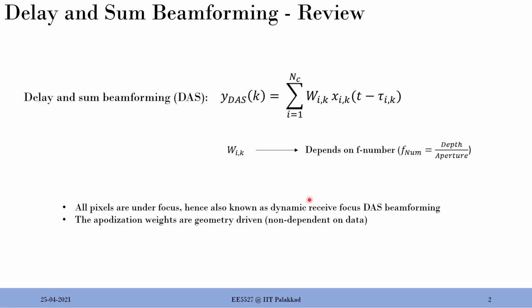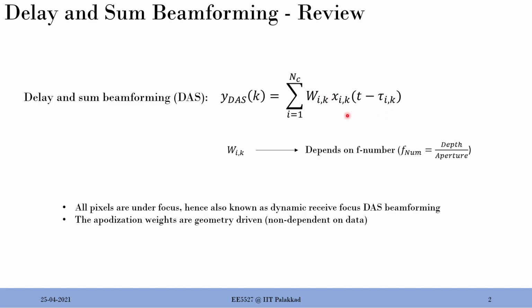As usual, we will quickly review what delay and sum beamforming is, so that if somebody is not following, they can also come up to speed. Delay and sum beamforming is basically that for each and every pixel k, you identify the value in such a way that the first step is to identify the data corresponding to each and every transducer.